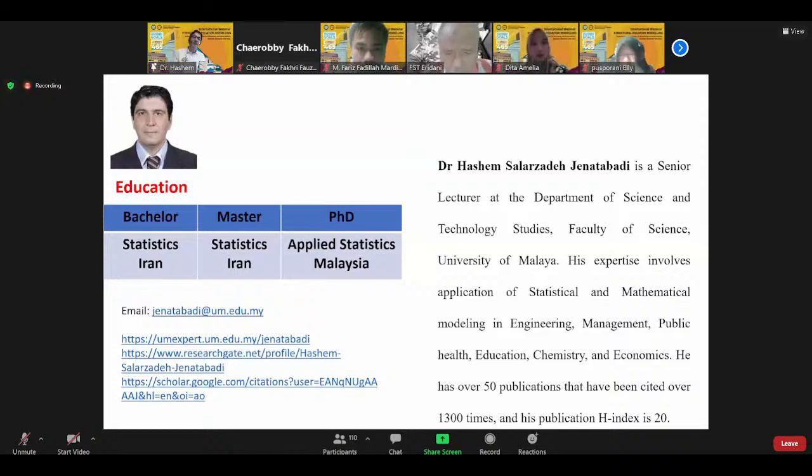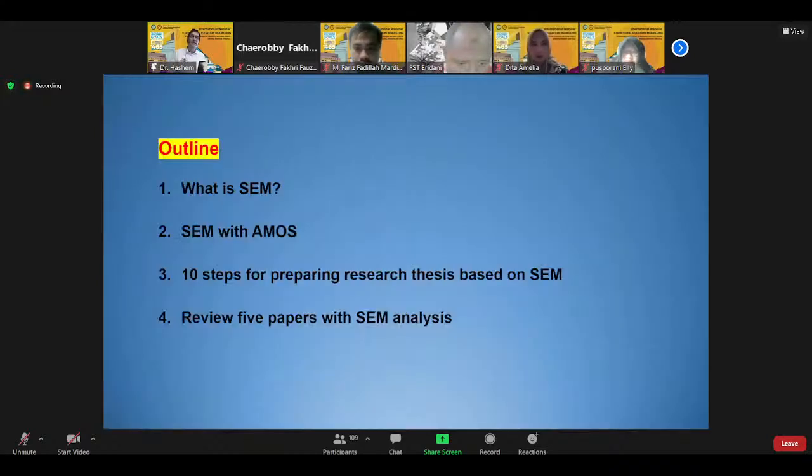First, what is SEM, and every one of us is aware of SEM. In the last 3 or 4 decades, SEM has become very popular among researchers, and especially as a statistician, it helps us a lot to figure out some previous issues that we had with modeling, right? And after that, I will give you examples.